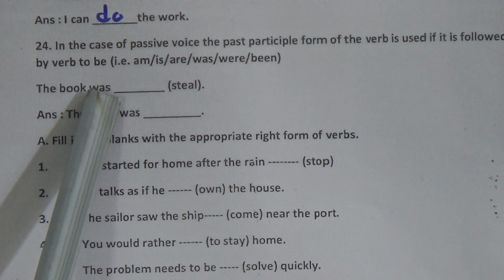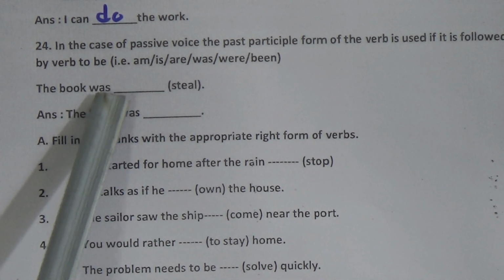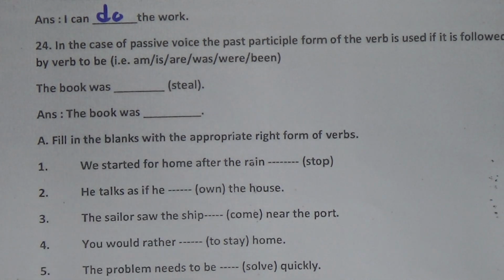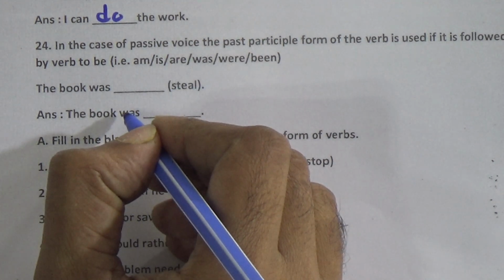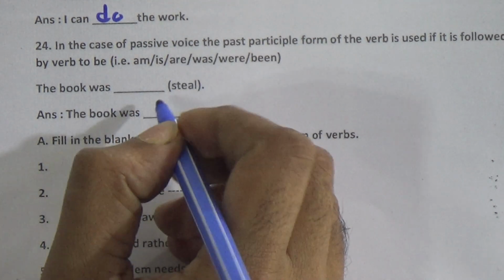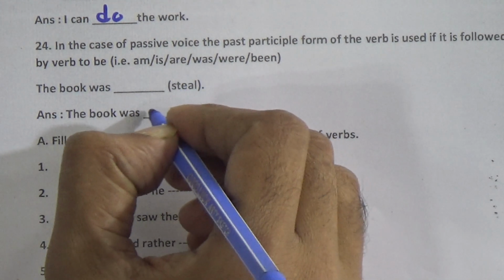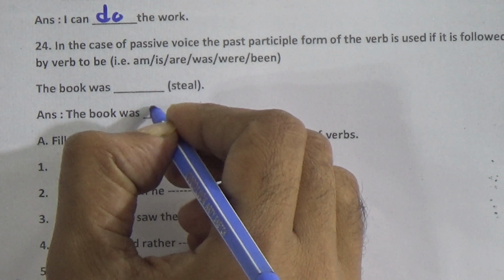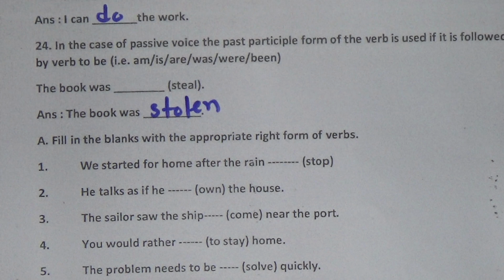The book was (steal). Here we can see that "was" is an auxiliary verb and we have to write this in passive form. So after auxiliary verbs in a passive form, we will always use the past participle form of the verb. So the answer will be: the book was stolen.